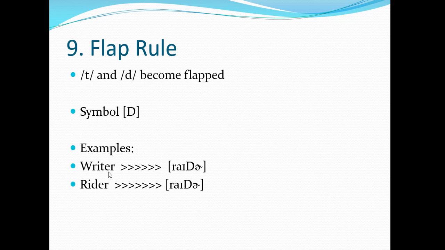So if these two requirements are not fulfilled, then you cannot apply the flap rule, people. Is it clear? Exercises. What about here? Okay, we don't need to apply the rule here. What about the word better? Better. Let's analyze the word.